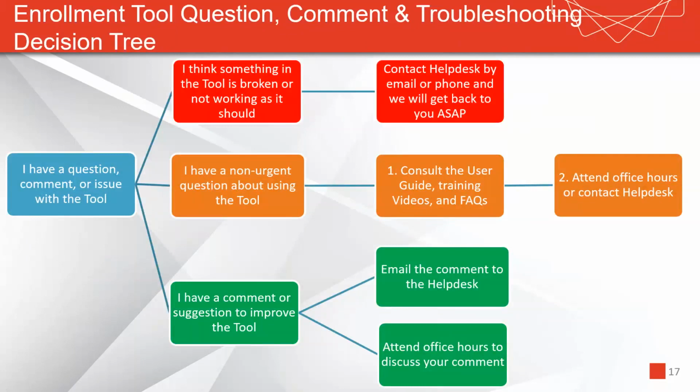If you have a non-urgent question, like more just a process question or how things work, you can consult the user guide, the training videos, and the FAQs first, and if you still can't find an answer to your question, then you can attend office hours or contact the help desk, and we'll help you.